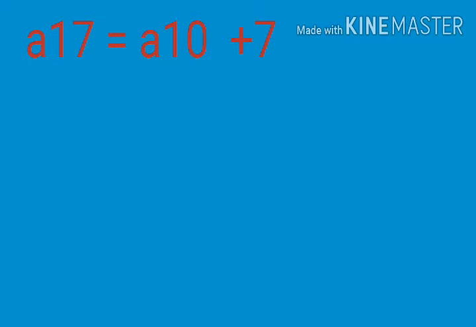So we can write A17 equal A10 plus 7. That is A17 minus A10 equal 7. Then we can substitute the equations of A17 and A10. So what is A17? A plus 16D. Then what is A10? A plus 9D. That we can substitute here.